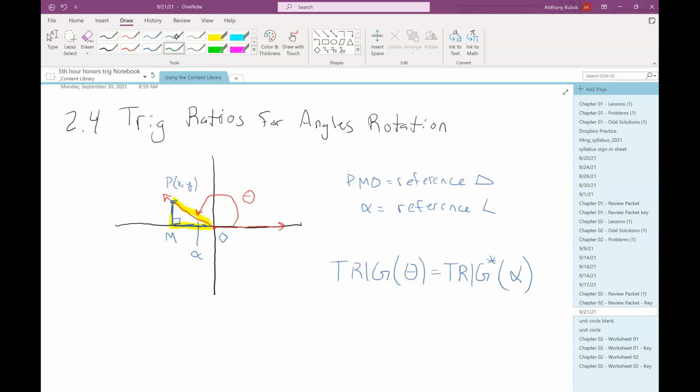If you're just going to be plotting something, going back to like pre-algebra, if you were going to plot the point 5, 7, what would you do? Okay, so if we're plotting the point xy, we're going x over, so that's the length for MO, and going y up, that'd be the length for PM. Is everybody happy with that?